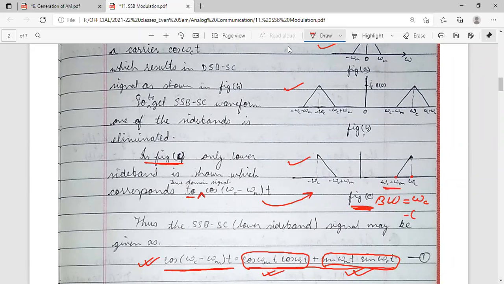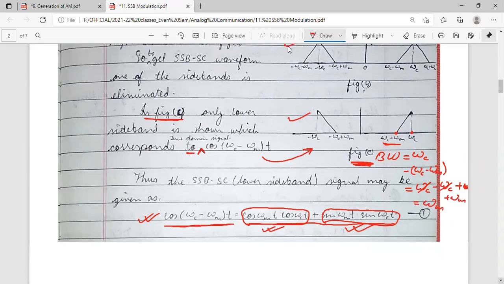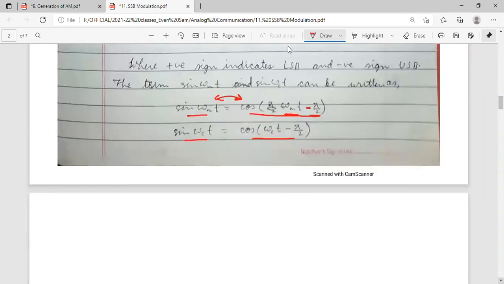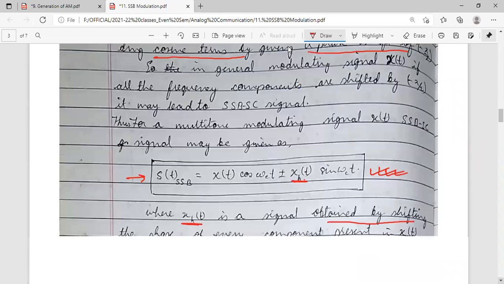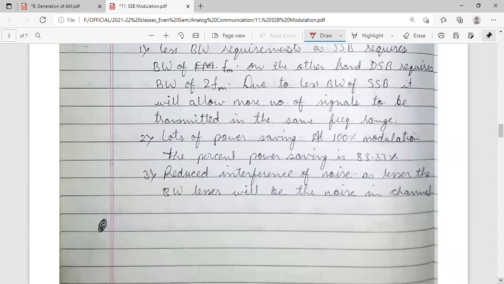So the result is omega m. We can see very easily that the bandwidth of the modulated signal is omega m. This is a very useful thing.